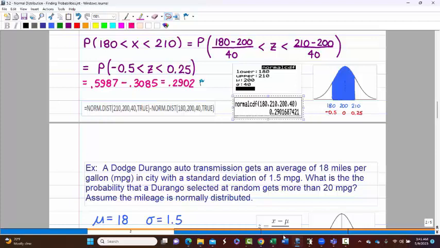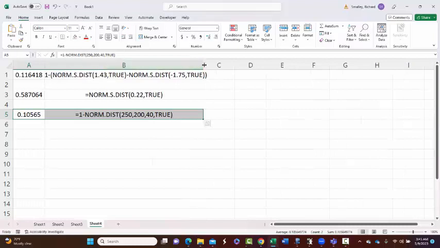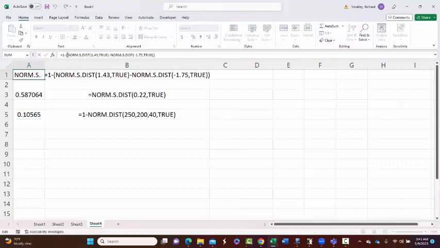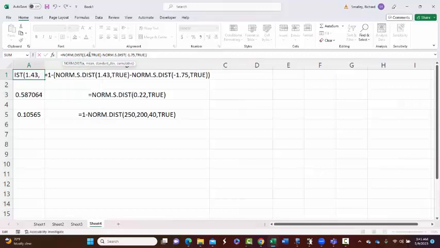So it's between 180 and 210. I actually should have copied. Well, that's okay. I'll get rid of these parentheses and the 1 minus, which I don't need. Norm dist. So I need 210, mean 200, standard deviation 40.